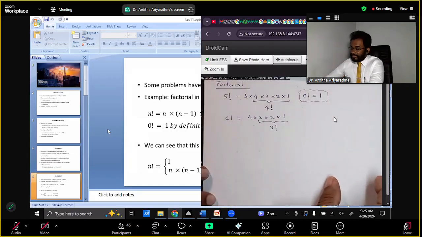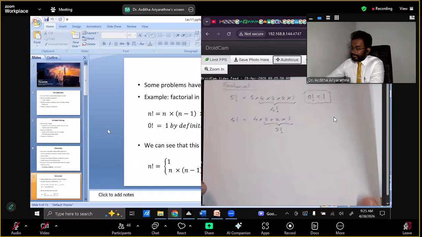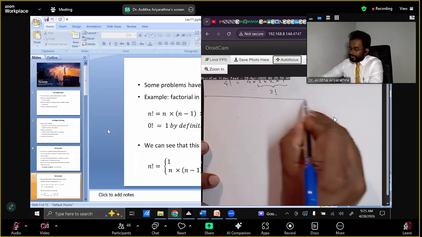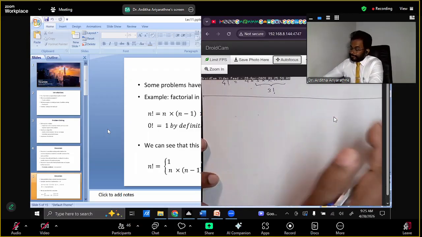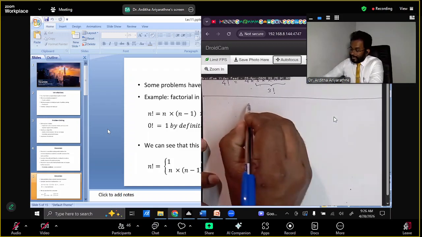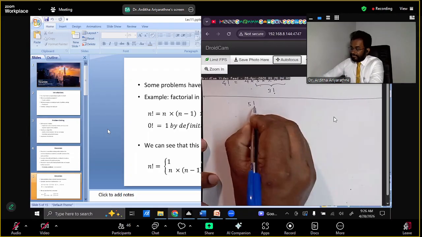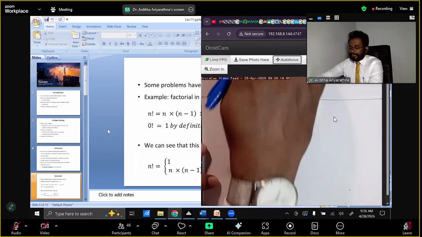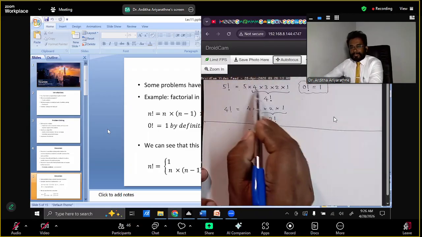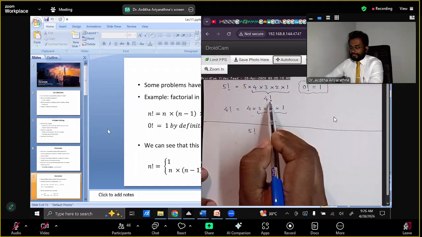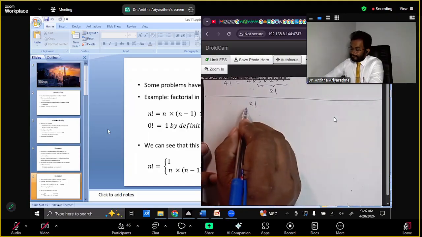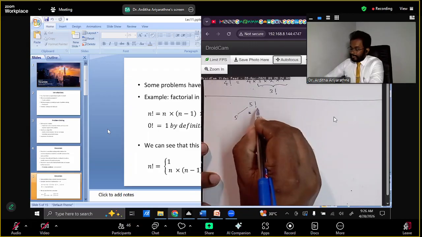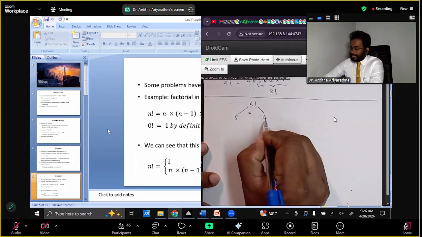Here I am going for a different type of diagram. Think about it like this. I am going to put some line separation here. Factorial 5 means 5 multiplied by, the remaining part is factorial 4.